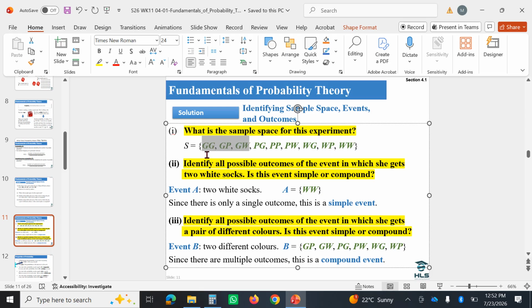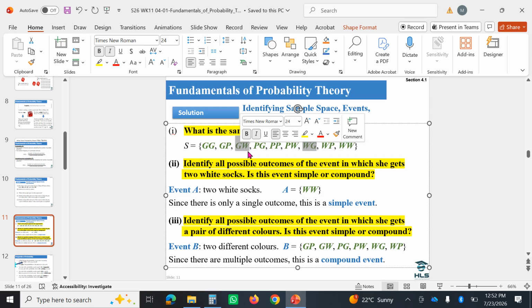Here you've got pink green, pink pink, pink white. Here you've got white green, white pink, and white white. You'll notice there that 2 kind of look the same, right?